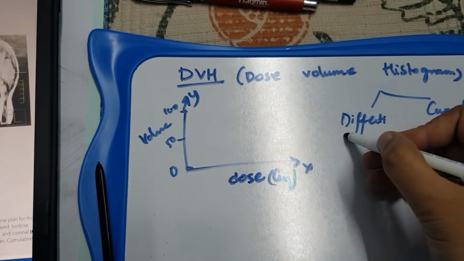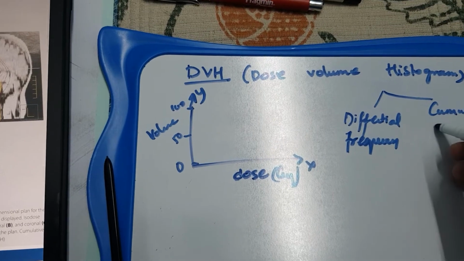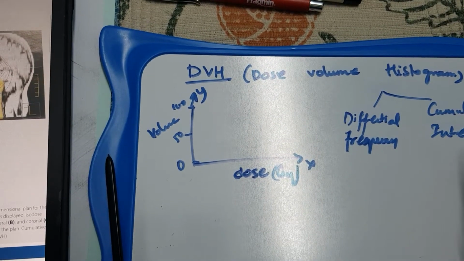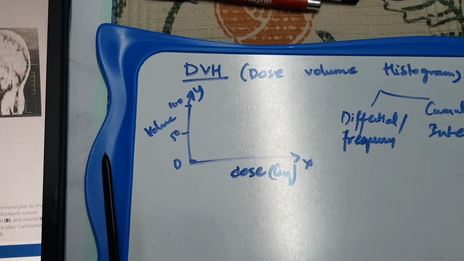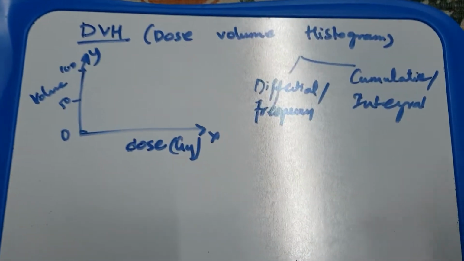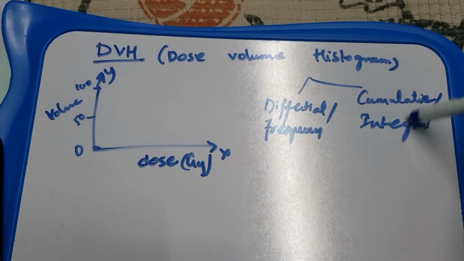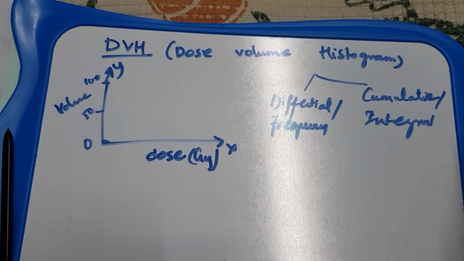Differential means frequency DVH, cumulative means integral DVH, the other names for these two types. Most commonly we use the cumulative or integral DVH.